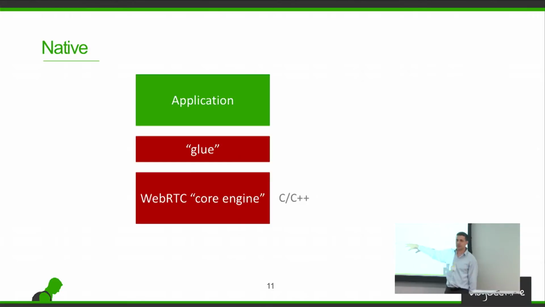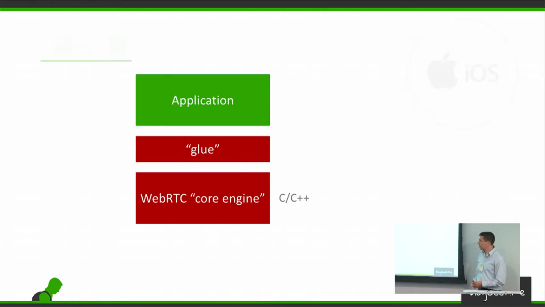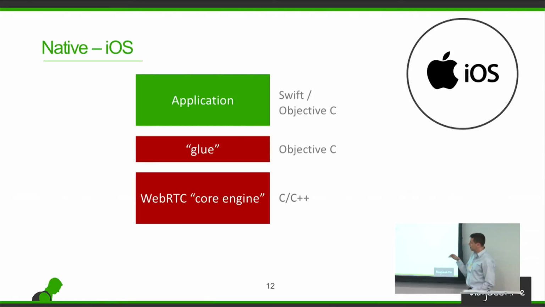And that part is written in C or C++. And on top of it, there's a kind of a glue that will get the WebRTC functionality that you need into your application. And when you talk about iOS, that glue is going to be Objective-C, and your application will be either in Objective-C or Swift or both.